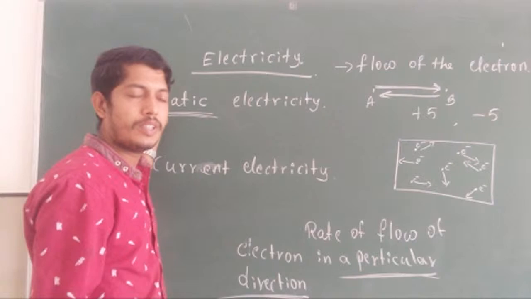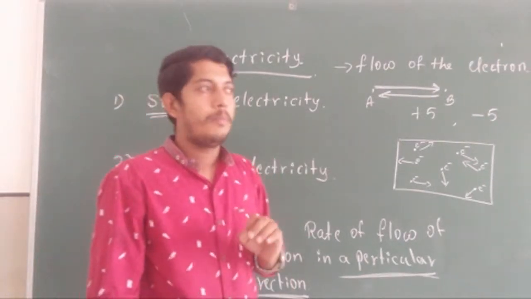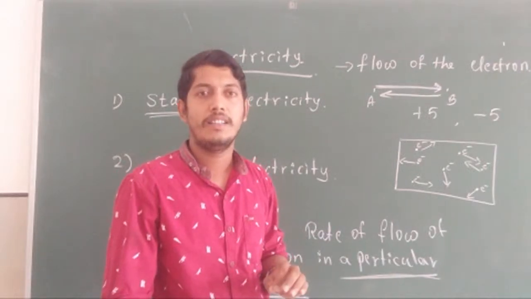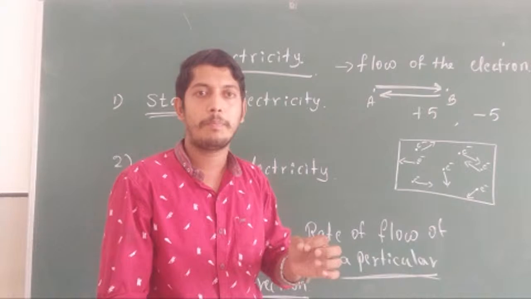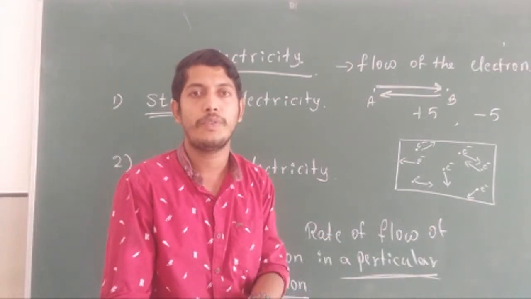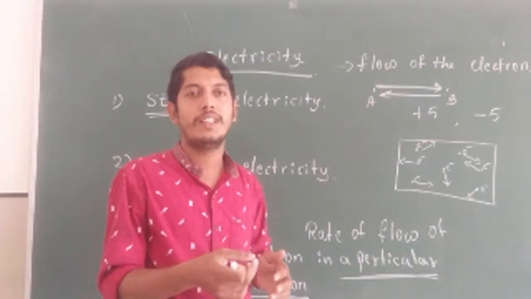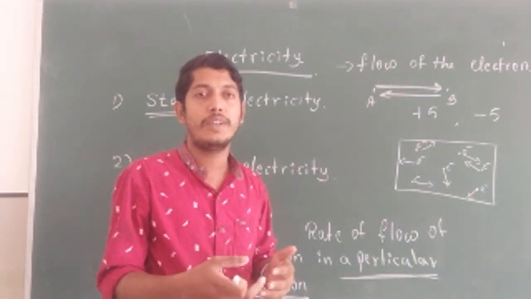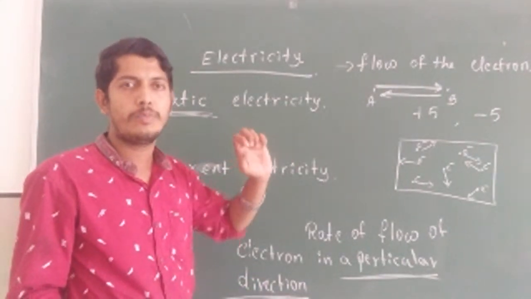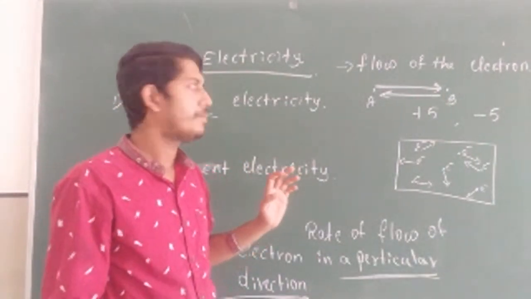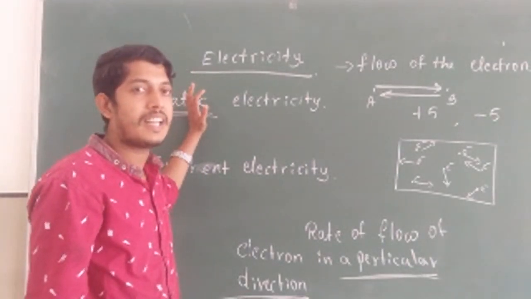For example, in earlier classes you learned that by rubbing a plastic scale and taking it near a small piece of paper, it will attract it. That means when we rub it, it produces charges. The charges get activated, and so it attracts other small particles. So that comes under static electricity.